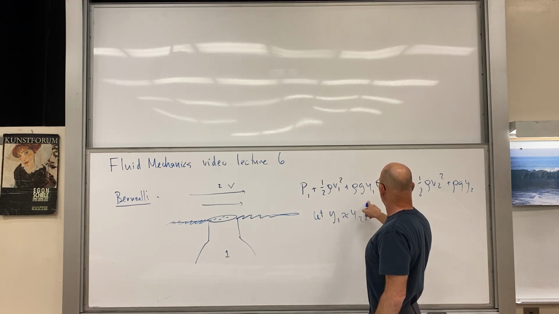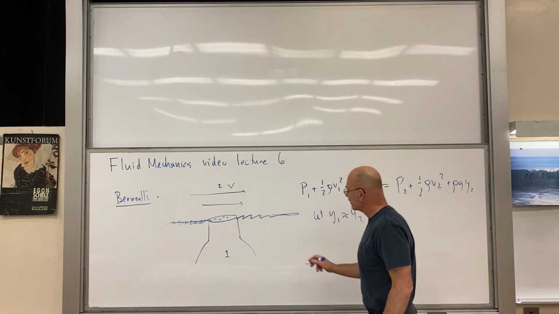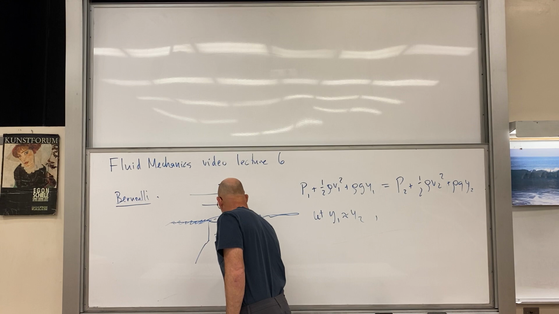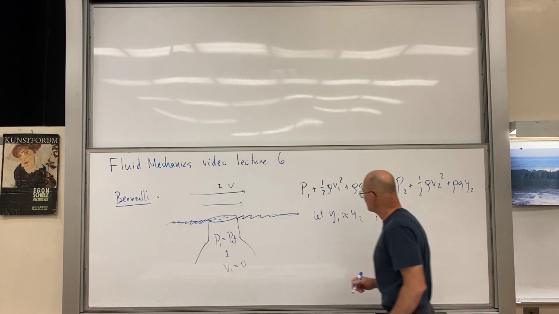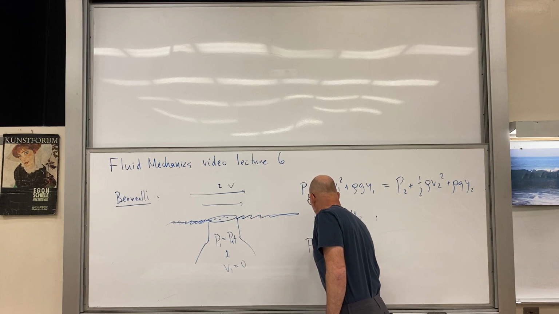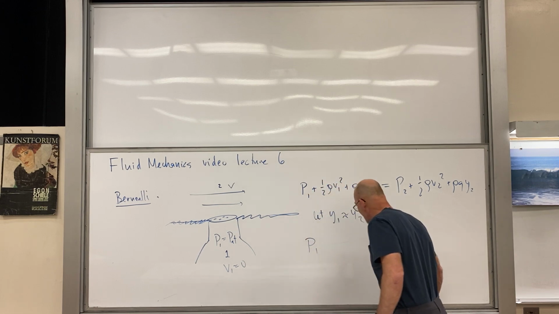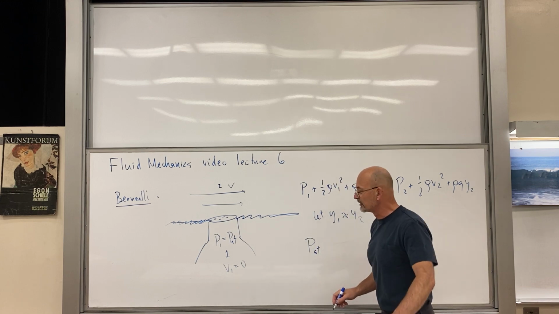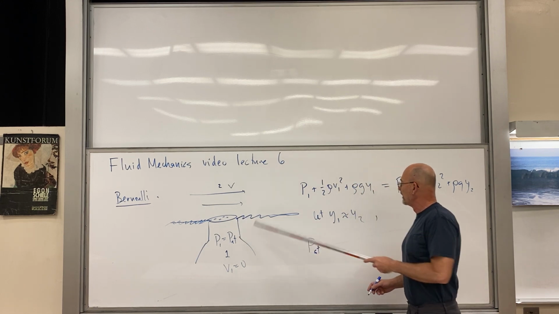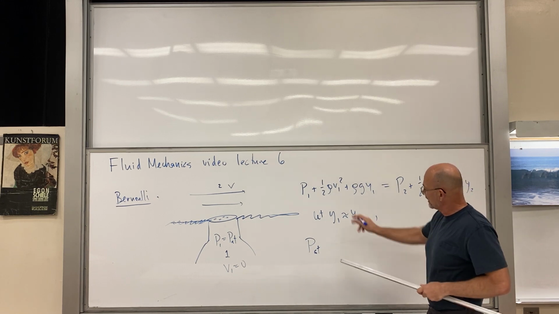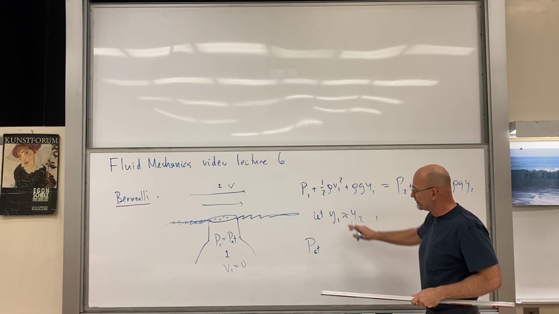And then we also know that P sub 1 is equal to P atmosphere, V sub 1 is equal to 0. So on the left side we have just P atmosphere, P sub 1. So we've got atmospheric pressure down here, and y1, y2 are about the same, so that's 0.